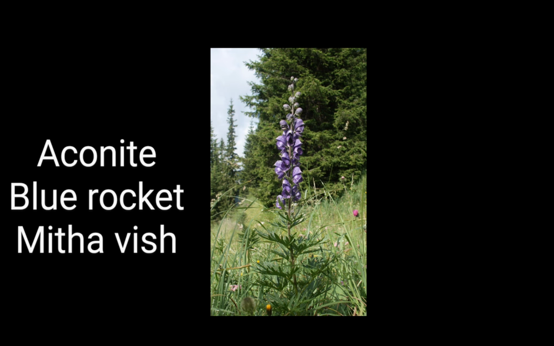Then next we have the picture of aconite. Aconite is blue rocket or meetha wish. From the previous one, we had pink flowers in digitalis. Here are purplish or bluish flowers. Imagine a blue rocket. Aconite is also known as meetha wish because it is sweet in taste.